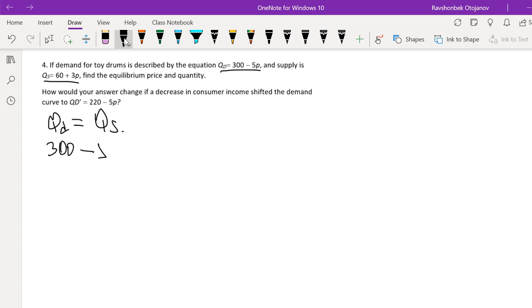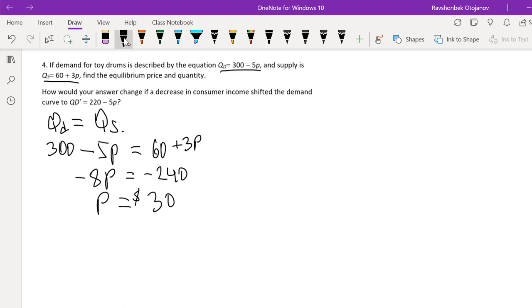So that's 300 minus 5p equals 60 plus 3p. Now solving for p, you have 8p equals 240. Take away 60 from both sides of the equation, and we now have p equaling $30 per drum.